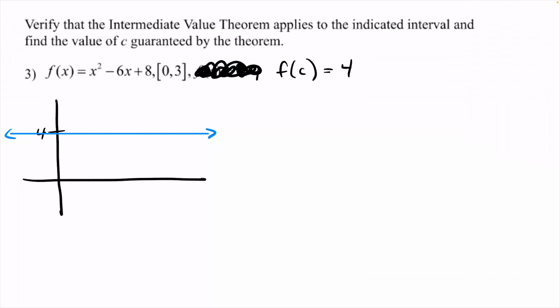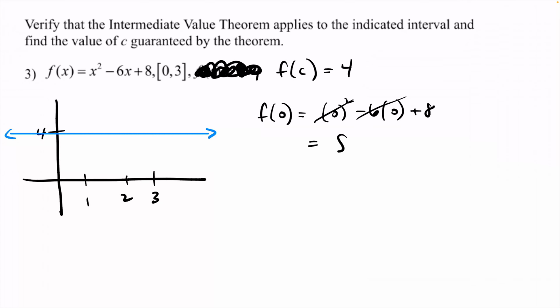So let's figure out where it's at. The interval is from 0 to 3. So at 0, it's going to be 0 squared minus 6 times 0 plus 8. All of these guys are going to go away. You just get 8. So (0, 8). Okay, what about 3? 3 squared minus 6 times 3 plus 8.